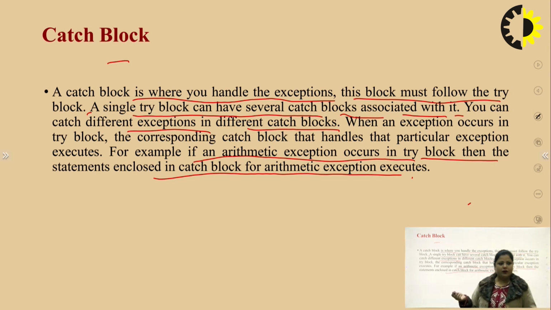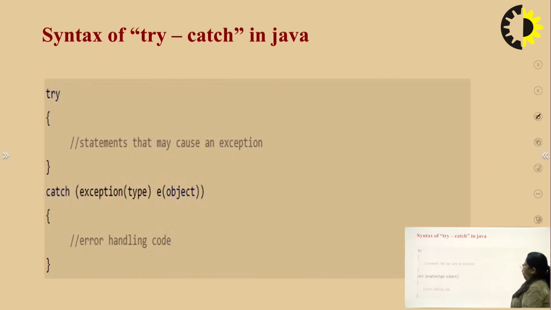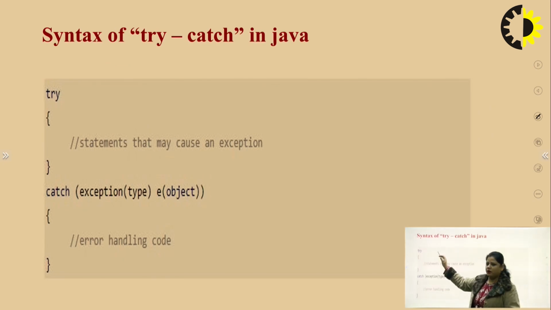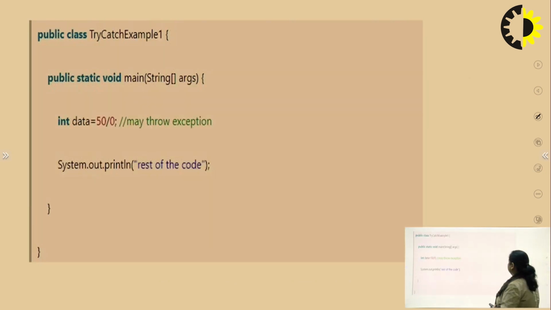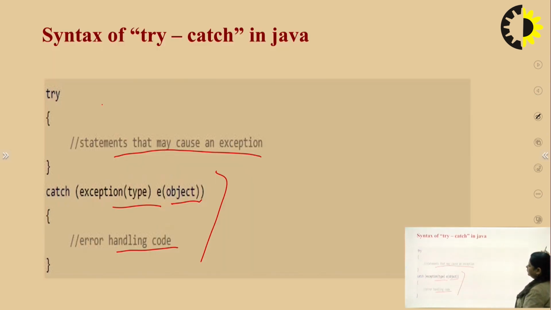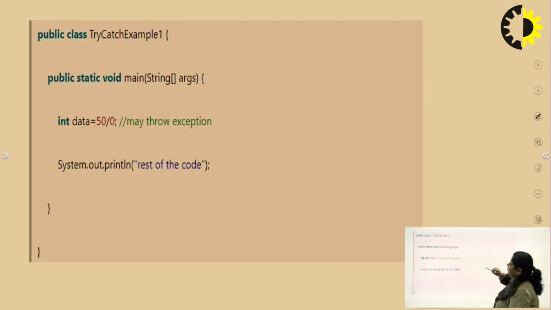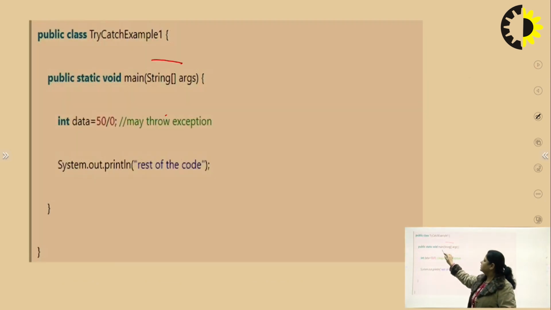Now, this is the syntax of try and catch block. This is try and a statement that may cause an exception, catch, exception type, object, error handling code. So this is basically the syntax of try and catch used in a Java program. Now, this is an example of a simple public class TryCatchExample1, public static void main.